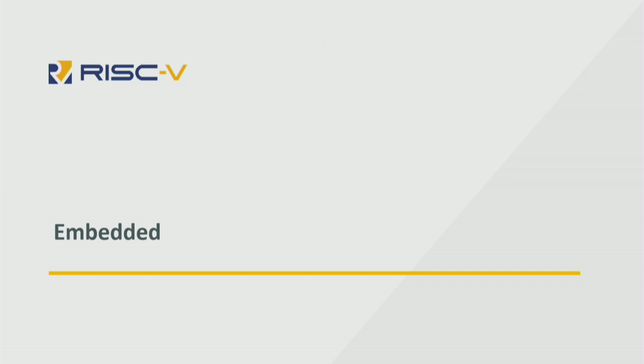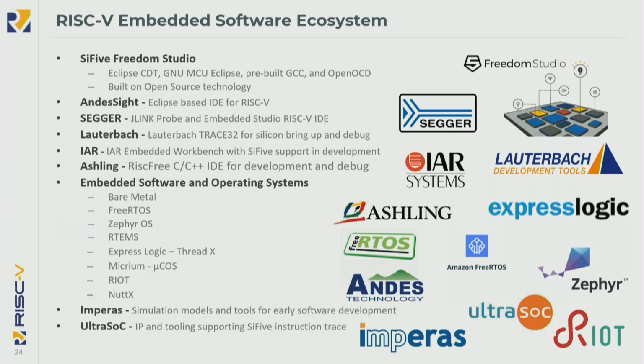So I'm going to jump slightly to the embedded area, because in the embedded space, the ecosystem seems to progress much faster, in that now both commercial and open source tools are becoming available.